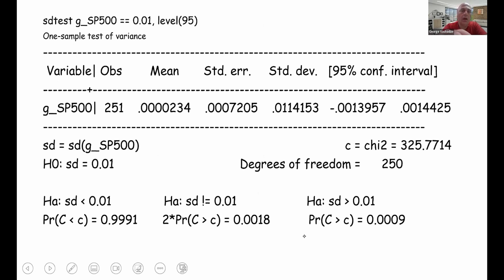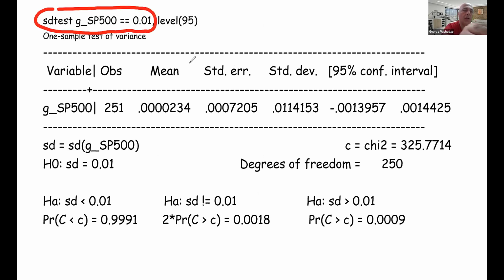I will highlight this: SP500 equal double equal 0.01, which stands for 1%, and then I indicate the confidence level. So I want to do this testing at 95% confidence.